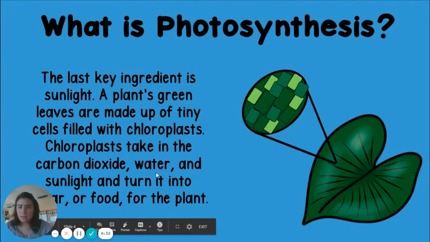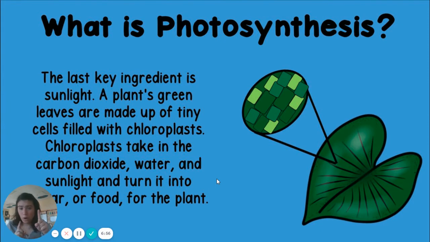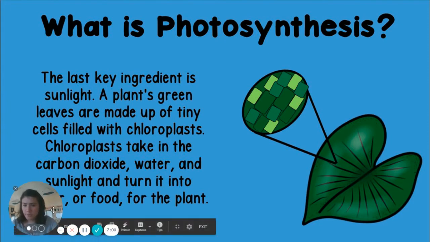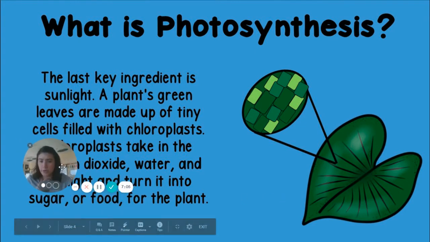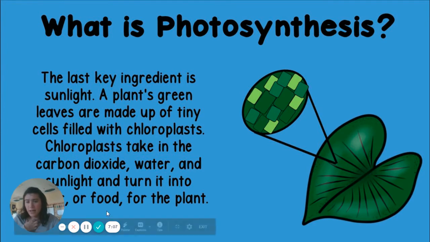Okay, so chloroplasts take in the carbon dioxide that we exhale, water, and sunlight, and turn it into sugar or food for the plant. It's sugar or food for the plant. And that's not like tabletop sugar that we have, like that white processed stuff. Sugar comes in a very natural form with them, and it's called glucose.